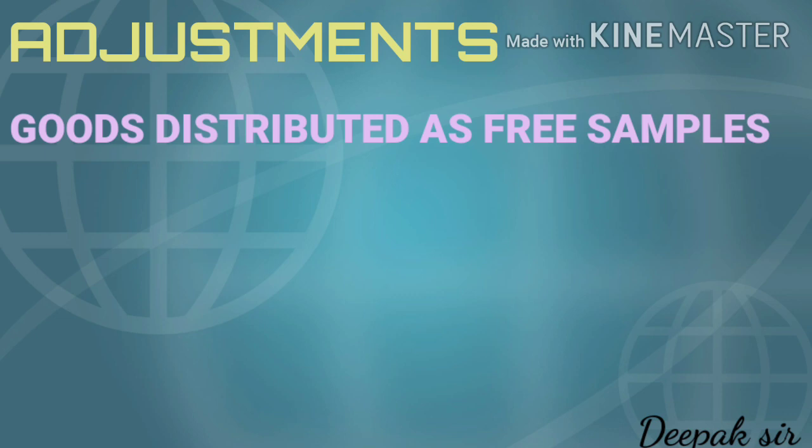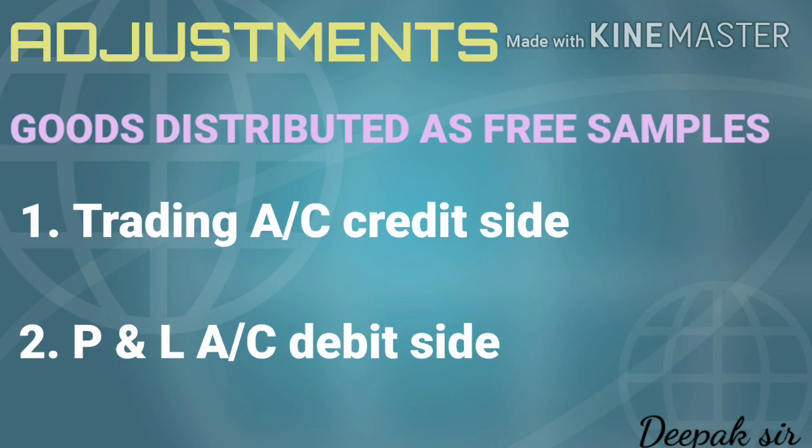So the first effect of goods distributed as free samples will come in trading account on the credit side, and free samples means advertisement. So advertisement we have to record in profit and loss account on the debit side. While writing in profit and loss account debit side, if advertisement is given in the trial balance, we have to add to the advertisement.